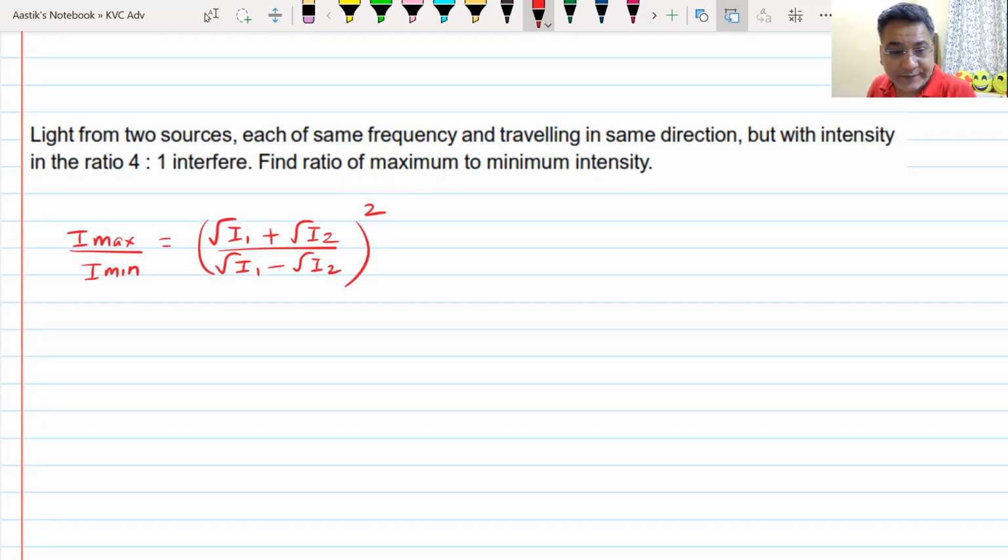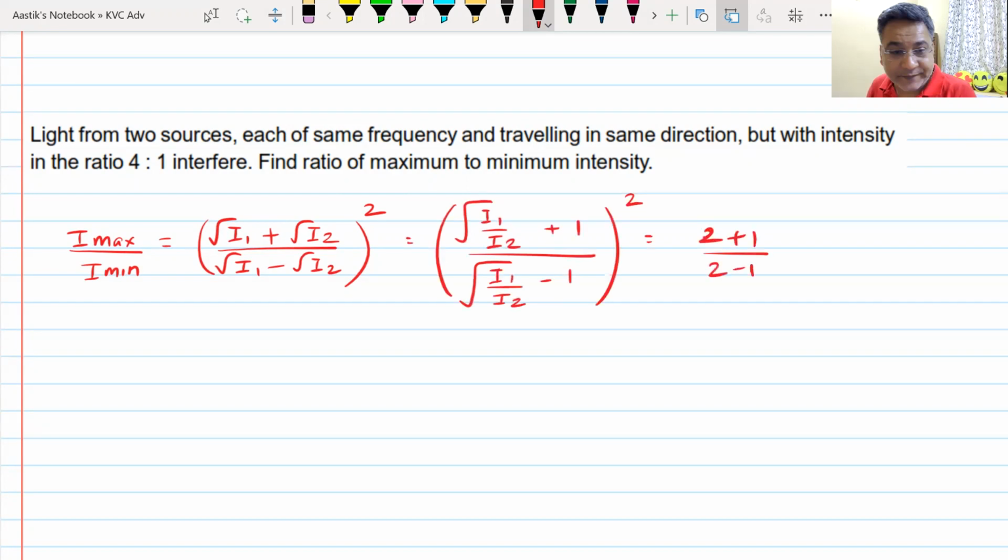If I just write it, it will look like this. You can also remember this formula: (root over I1 by I2 plus 1) divided by (root over I1 by I2 minus 1), whole square. So this will be 2 plus 1 divided by 2 minus 1 whole square, and the answer that you are going to get would be.